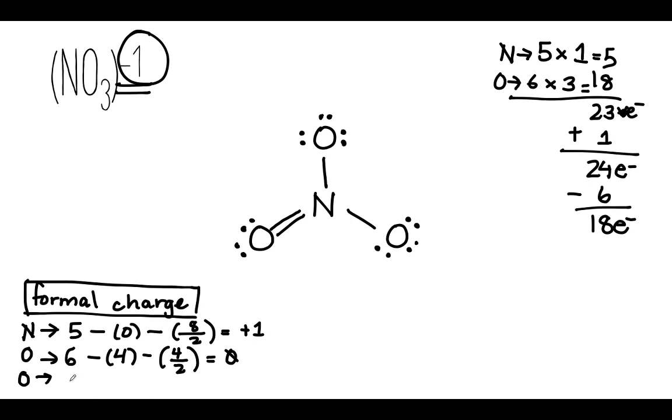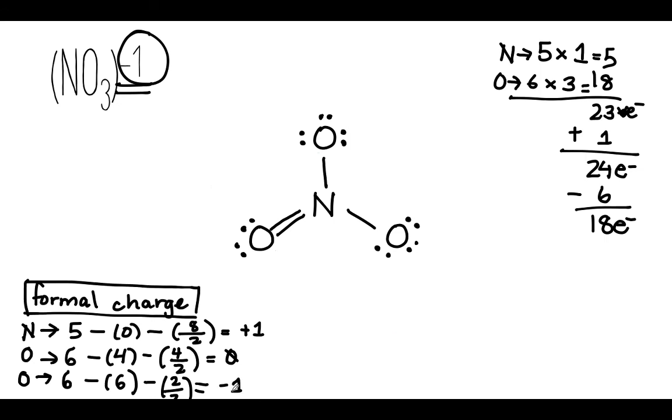Let's take a look at the other type of oxygen where there's 2 of them. There's 6 valence electrons. There are 6 electrons as lone pairs and 2 electrons as a bond. So 6 minus 6 minus 2 divided by 2 will give me a charge of -1.